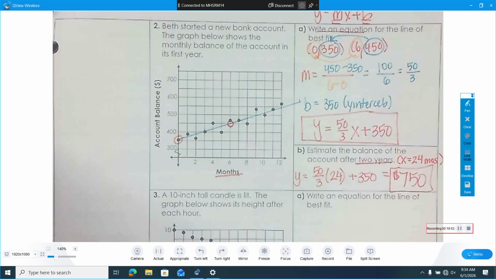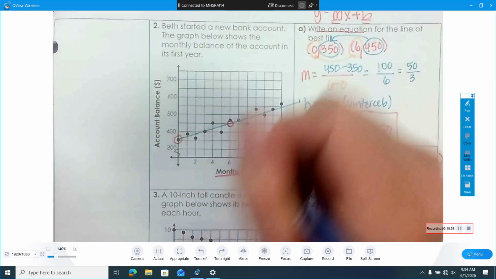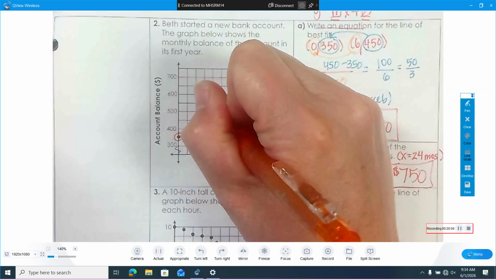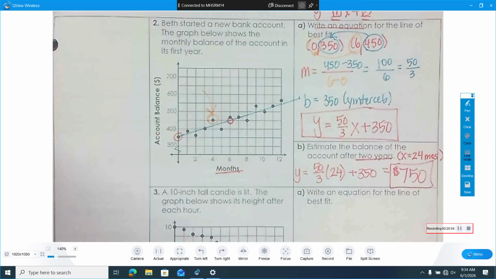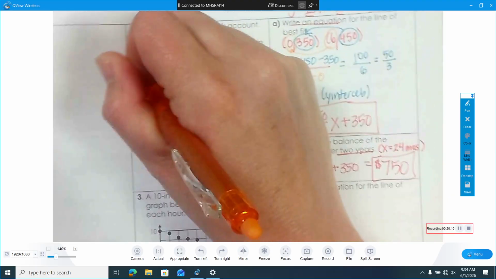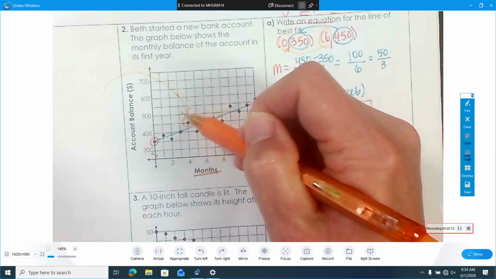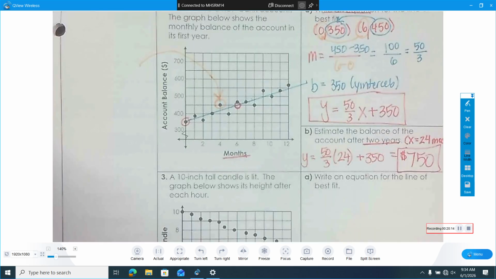Now, it is important that we understand the difference. If I were to ask you, hey, what does this point that I've circled in orange mean? What is this point representing that I've circled in orange?